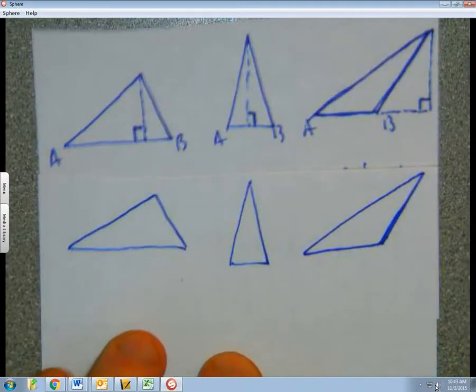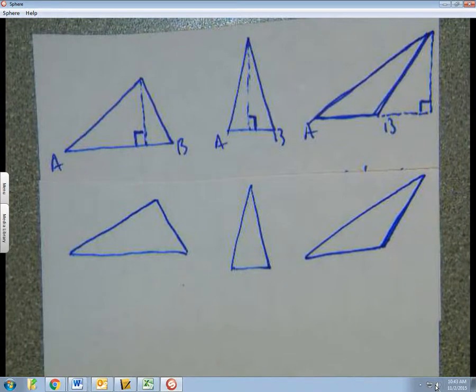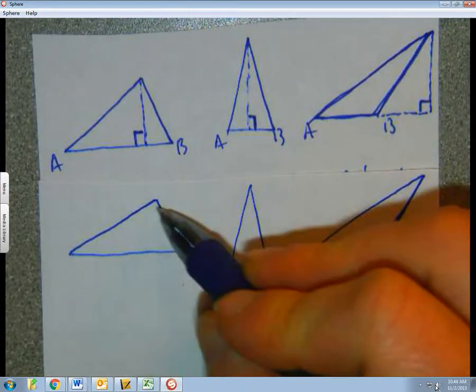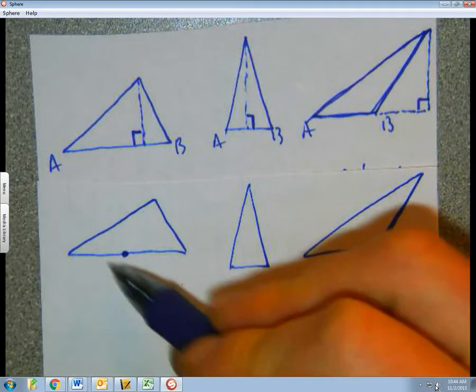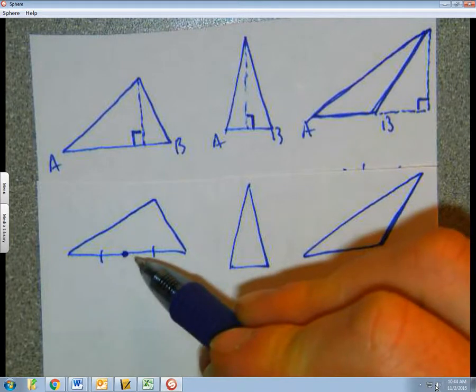Okay, so the median goes from the vertex to the middle of the opposite side. So these are just approximations, but I'm going to say those two are the same. So then we'd be here.